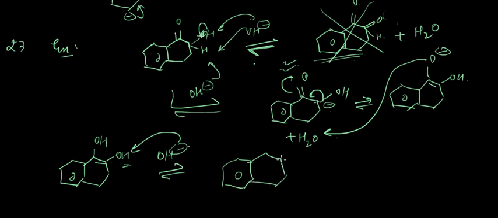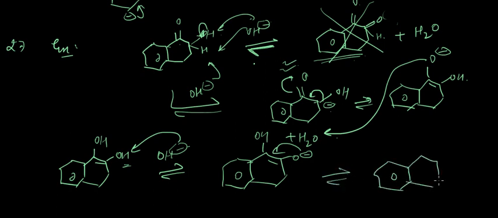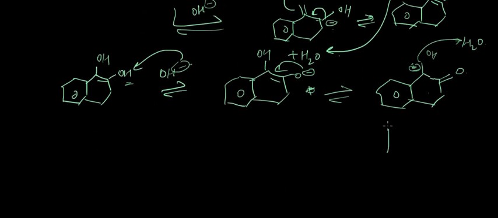So we would get something like O minus here, double bond here, this OH here. So it would form a double bond here, and a negative charge would be on this carbon atom. So this negative will actually attack H2O to form this compound.